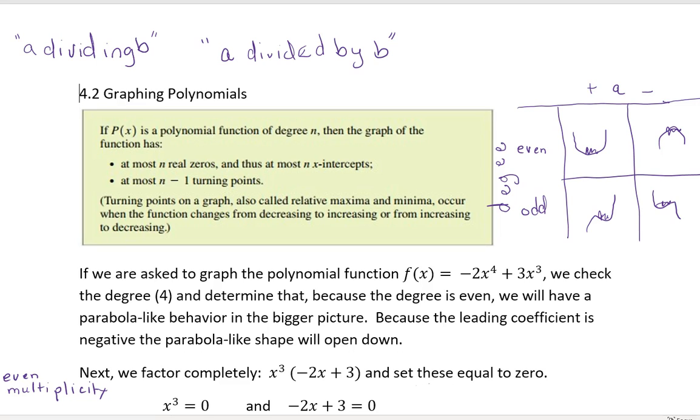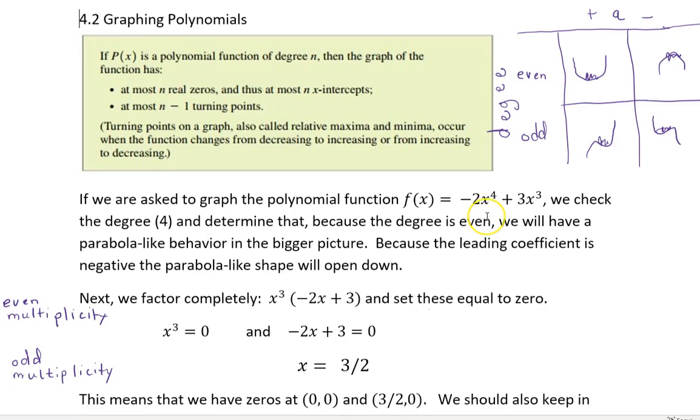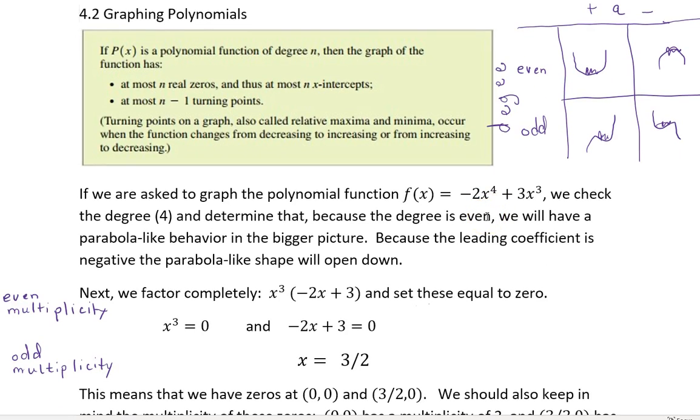So next thing I'm going to point out is that when we factor these out, I have x to the third and an x to the first. I don't normally write that on there, but it's x to the first. Now remember, if we have an even multiplicity, we're going to have just a touch. It touches the x-axis.